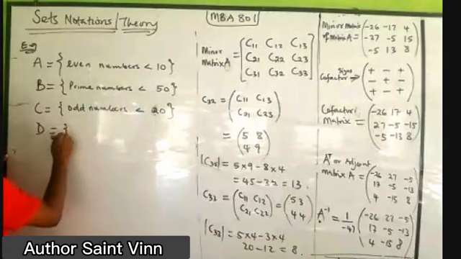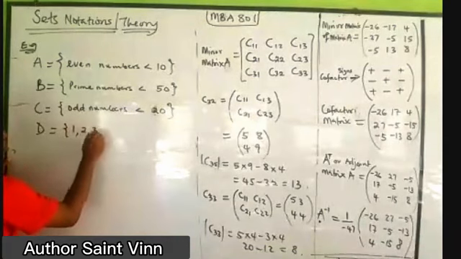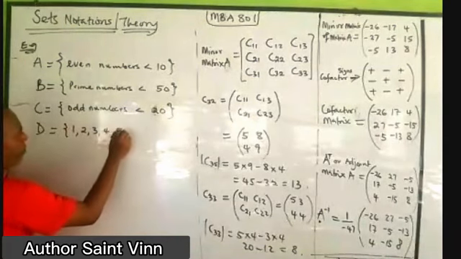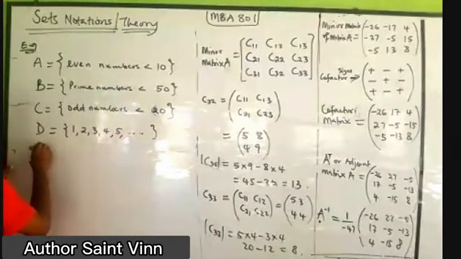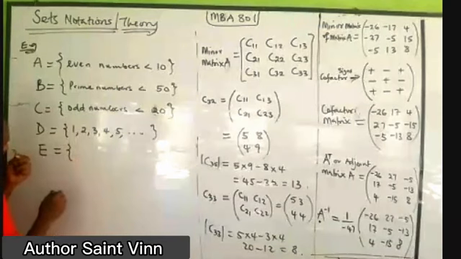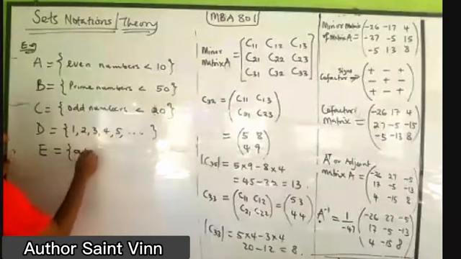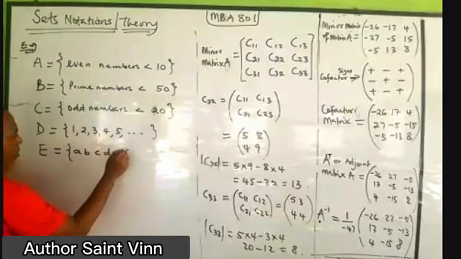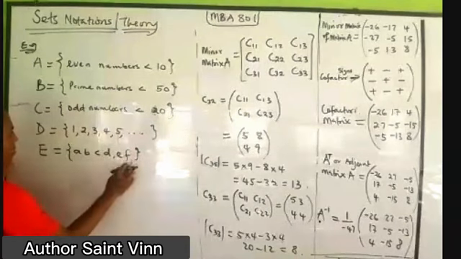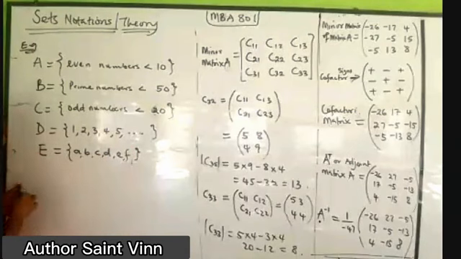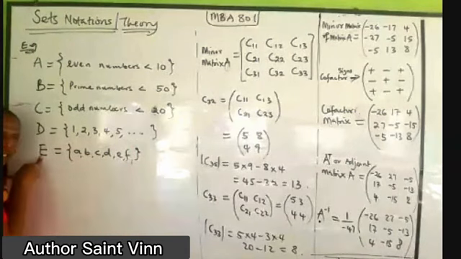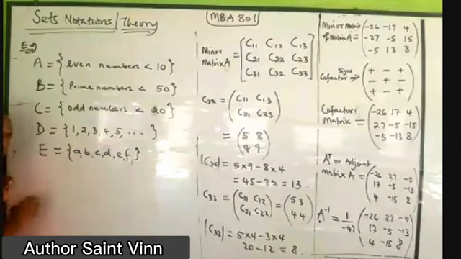Maybe I have D: 1, 2, 3, 4, 5, and maybe you continue, that one has no end. I have another set, maybe A, B, C, D, E, F. These are all sets. This particular set, this E, will be the surname of the family.